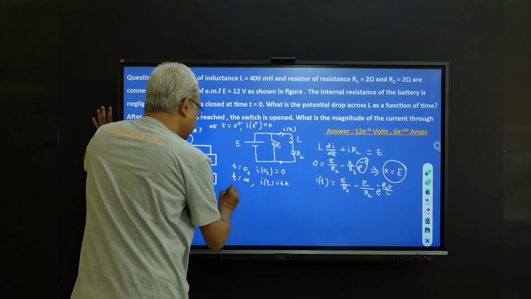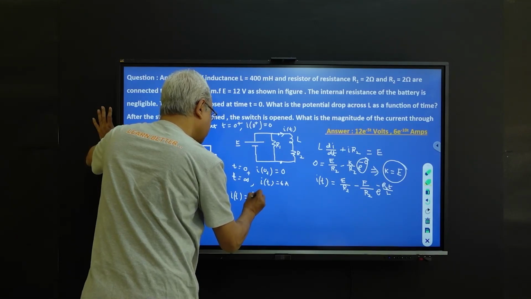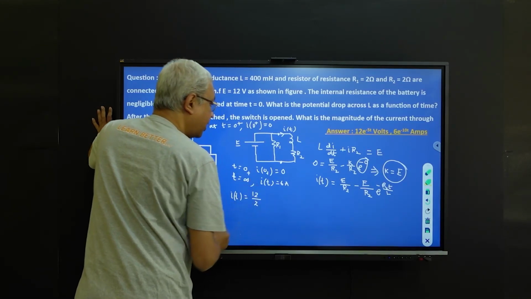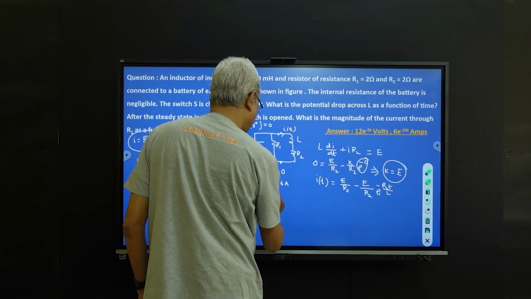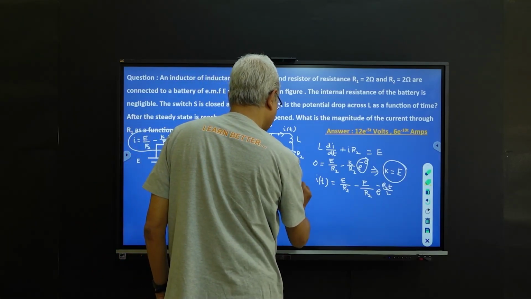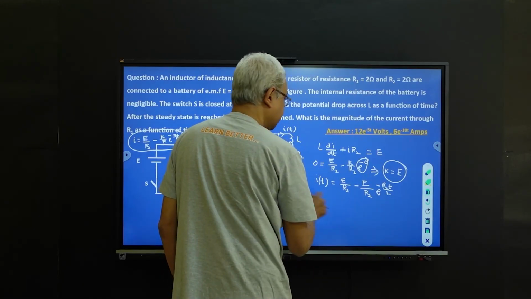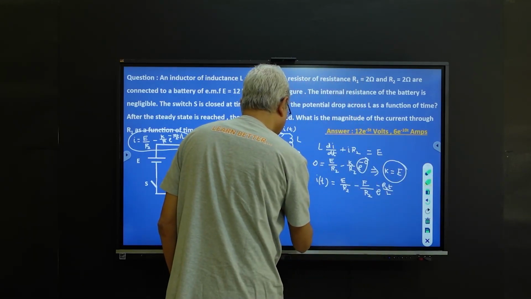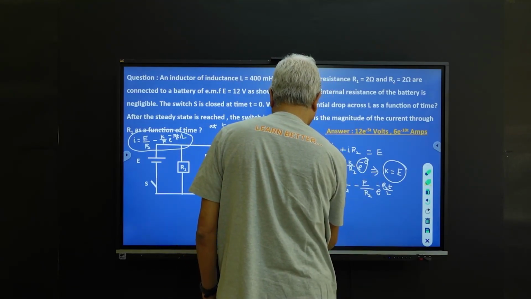Just substitute the values given: I(t) equal to 12 divided by 2, since R2 is 2, times 1 minus e to the power minus 2t by 0.4 Henry.